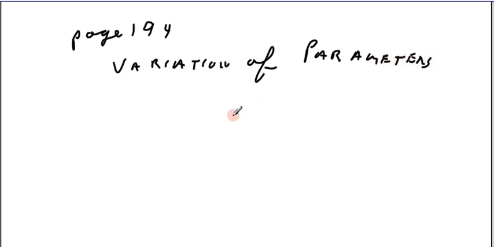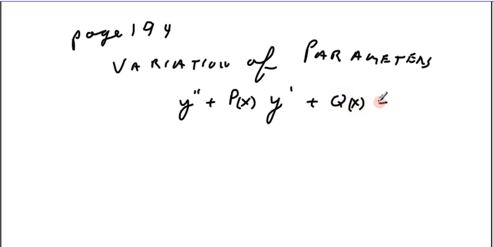And you have a function that's y double prime plus, we'll call it p of x, y prime plus q of x is equal to 0. We have a function that looks like that. No f of x, because this is going to get you your particular solution.